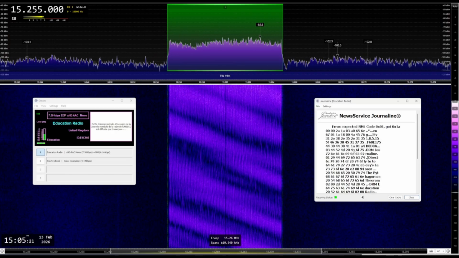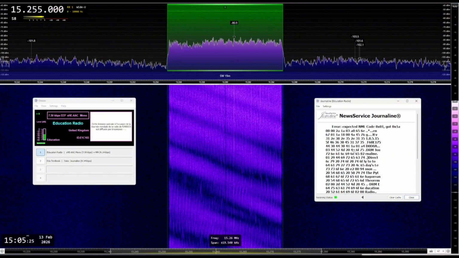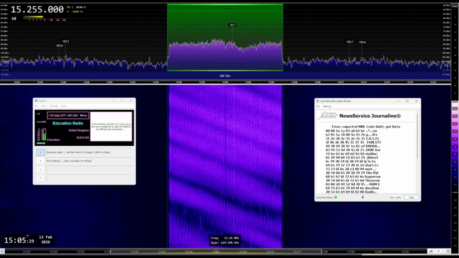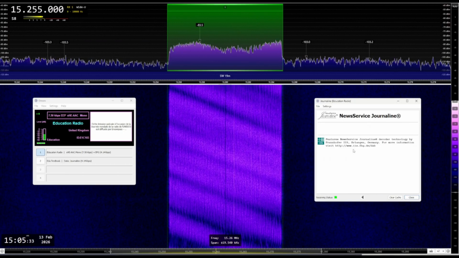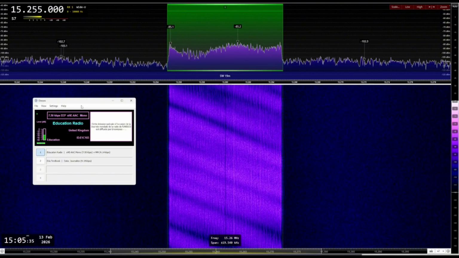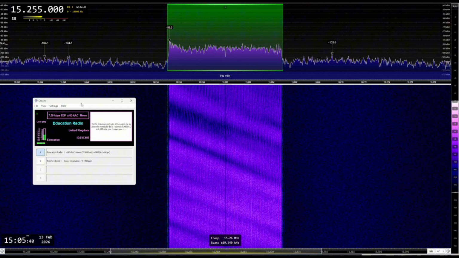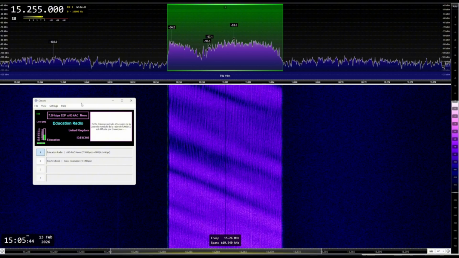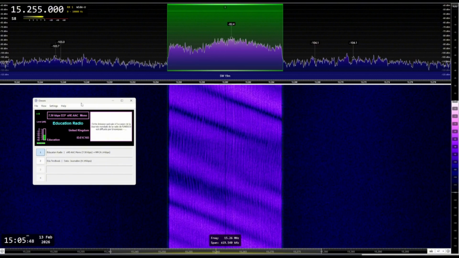Journaline menu. Please go to Mathematics, Geometry, Lesson 1, page 2. This is an isosceles triangle, because this type of triangle has two angles the same.